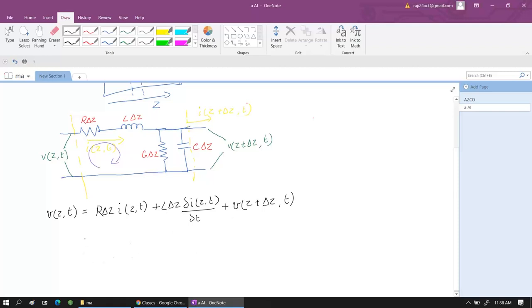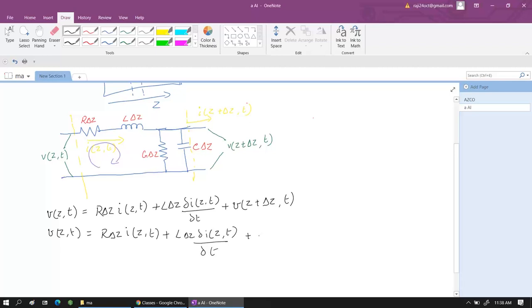To simplify this, on the LHS it is the same, V(z,t), which is equal to, let this be as it is, RΔz I(z,t), plus this is also as it is, LΔz ∂I(z,t)/∂t. Next it is plus.